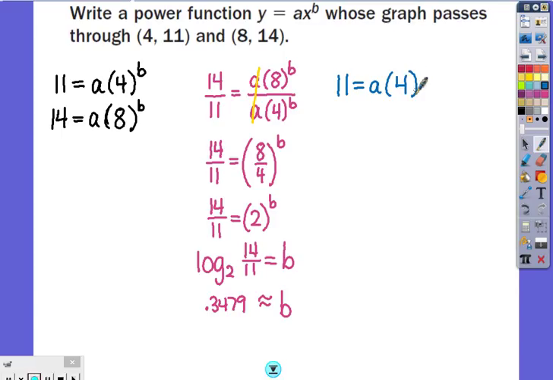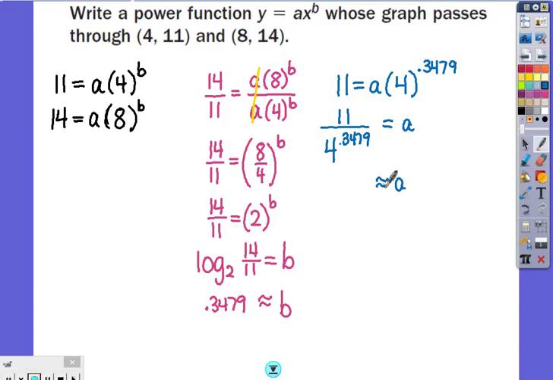Take one, it doesn't even matter. Pick one of the original equations that you had plugged in for. Get that a by itself. This is the awkward silence where I'm using my calculator.